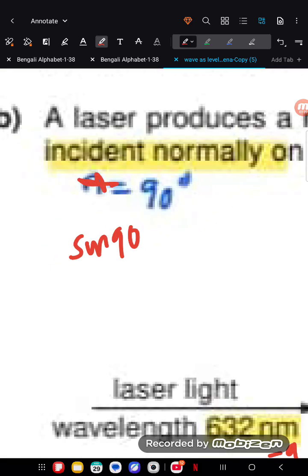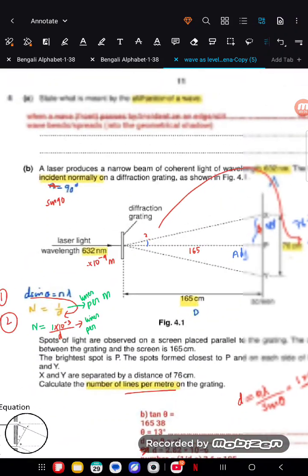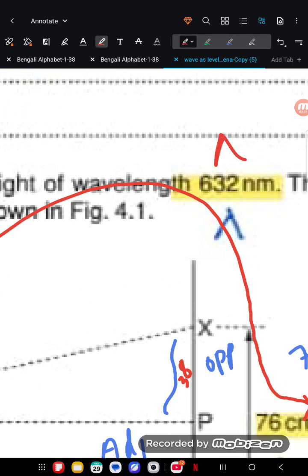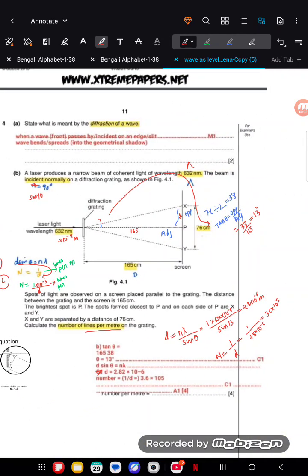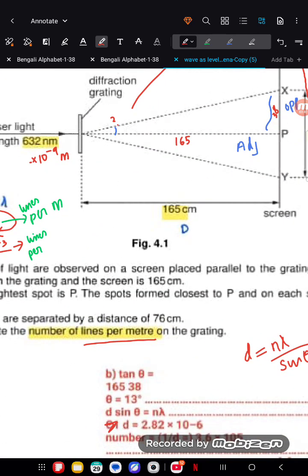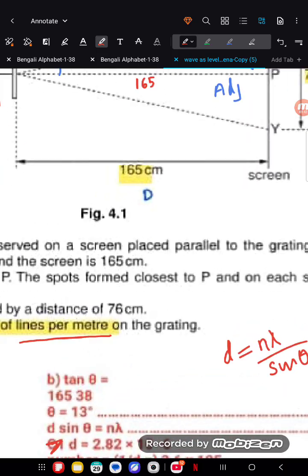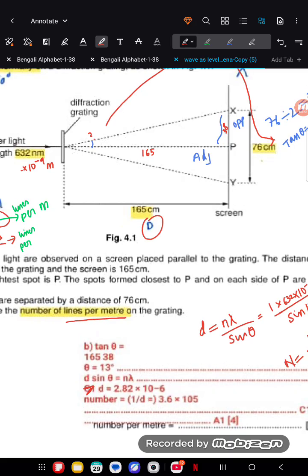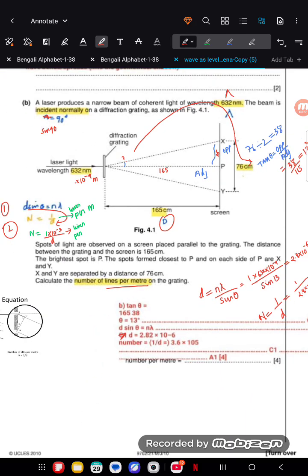Incident normally means sine theta is 90 degrees. Now we have the wavelength, you can see, and now the wavelength is there, then this d is there, 165. So in this question, this is the big D, not the small d.